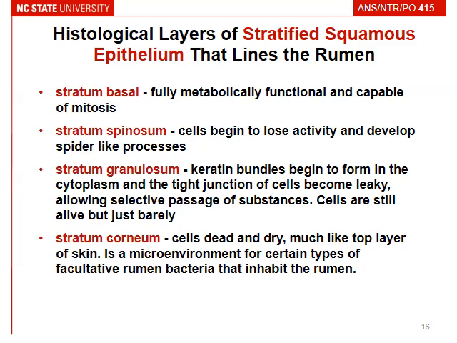So within the rumen, this stratified squamous epithelium, and this is pretty similar to skin, we have different layers. And the first layer is referred to as the stratum basale. So this is fully metabolically active, live. These are what we would refer to as the stem cells.